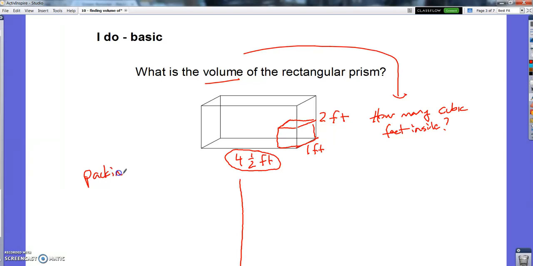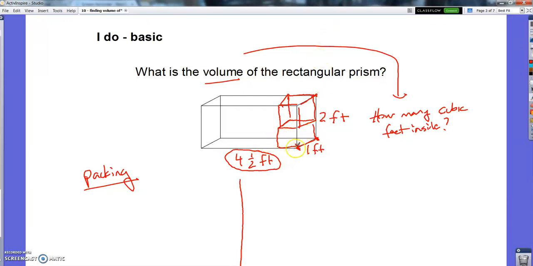I can imagine actually putting cubes in there, right? So this is an easy one because it's a 1 unit this way. I would be able to put one that would go all the way against this side, and then I could put another one on top of it to fill the top.